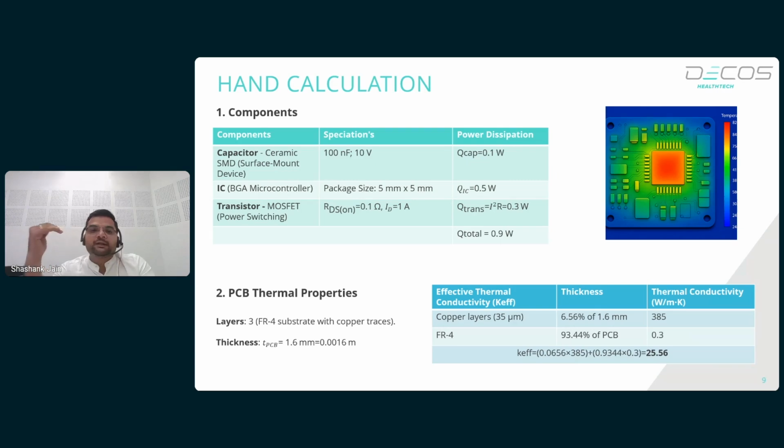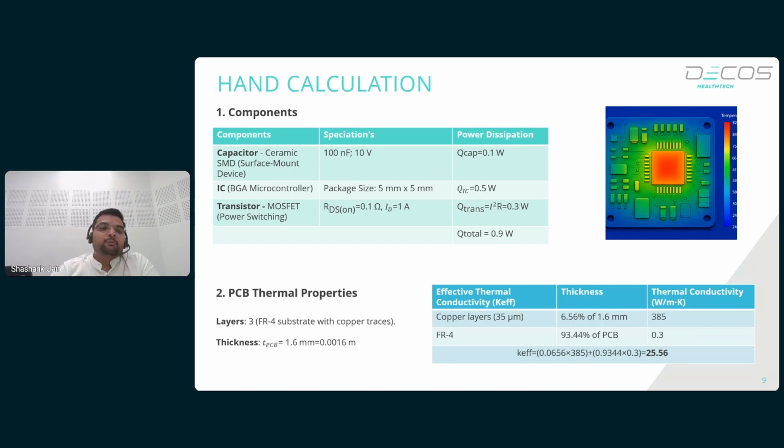I am not saying you will get the exact value in both the cases. The simulation results can be much more elaborate and accurate, but the hand calculation also provides you an estimate of what range you should consider, like what you're going to attain even in the simulations. Okay, so that's why I have also included the hand calculation slide here before we go on to discuss the simulation process and the methods.